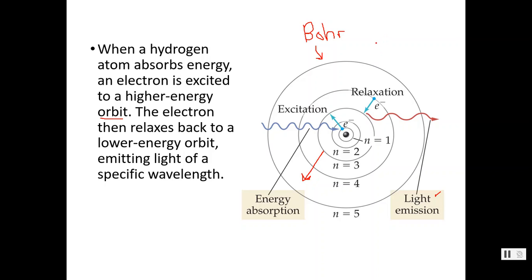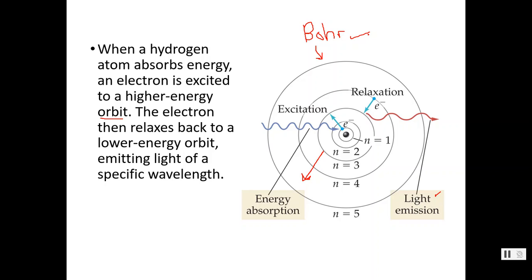This Bohr model works great for hydrogen or species that just have one electron. It's what got this scientist the Nobel Prize in the early 20s. But there is a problem with this model.